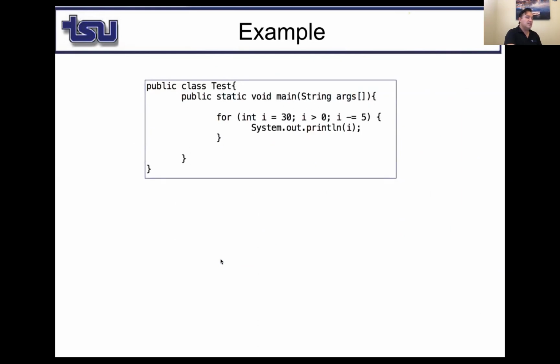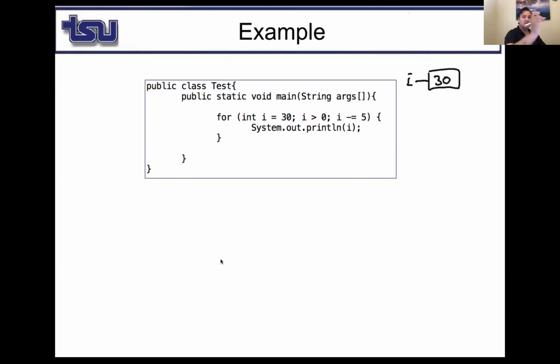Okay, so here is another example for this for loop. It's pretty simple. Let's use black here. So I do initialization first. I initialize I to 30.